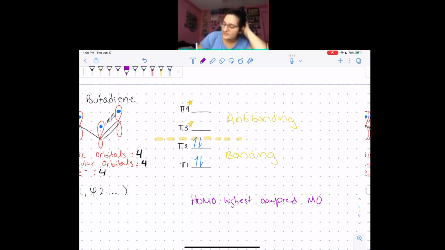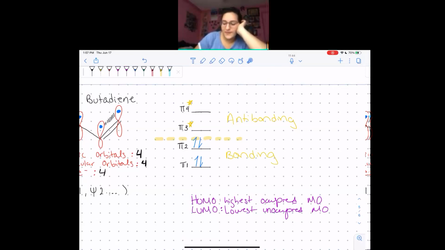And then the LUMO is the lowest unoccupied molecular orbital. Essentially, HOMO is the highest level that has electrons. LUMO is the lowest level that does not have electrons.